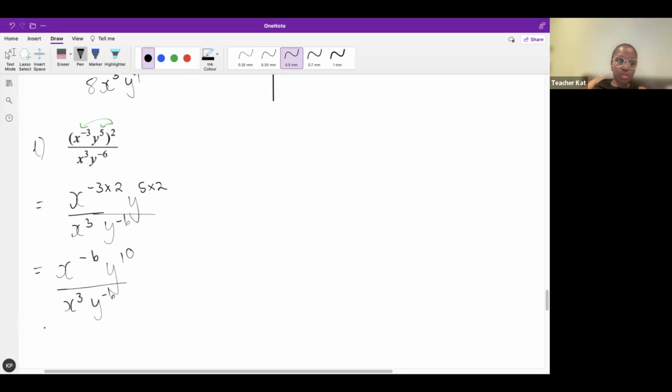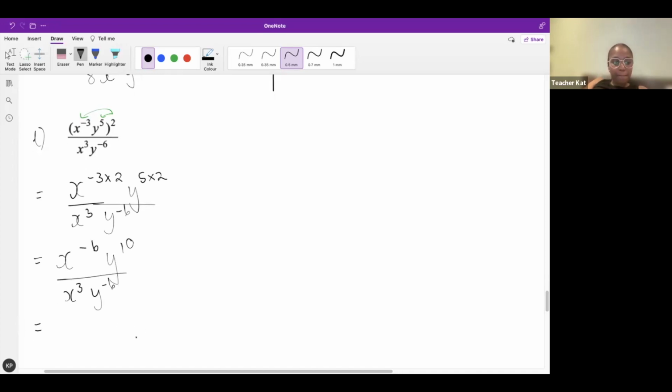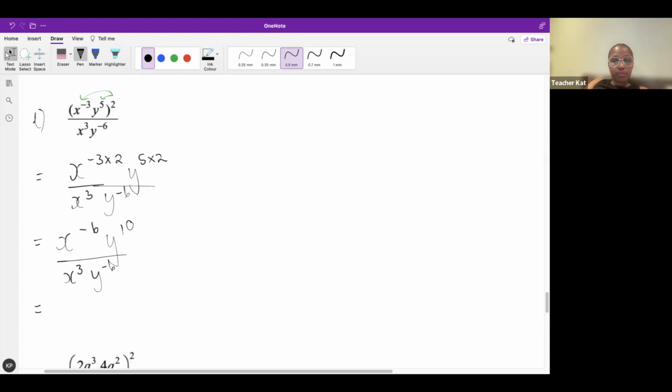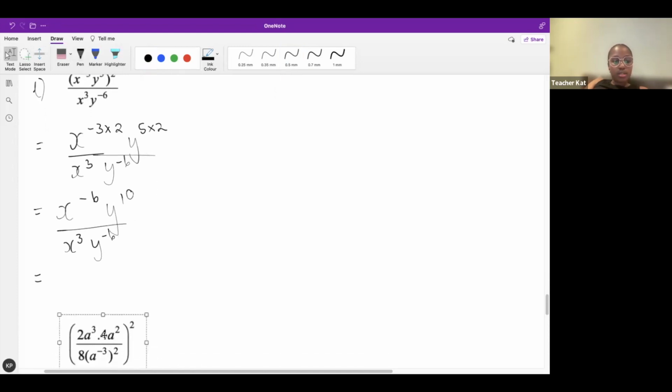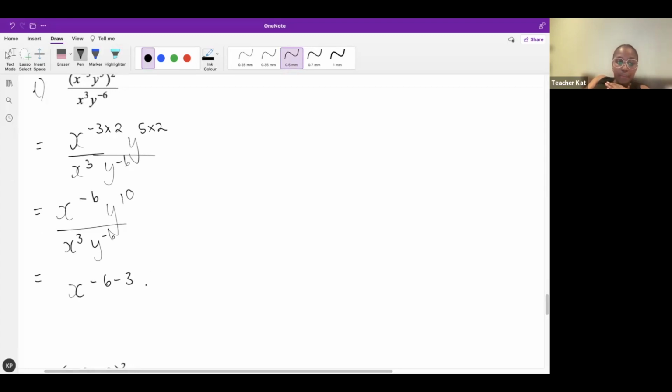Now we are dividing, so we do what with my exponents? We subtract. Okay, so I'm going to have x to the power of -6 minus 3 and y to the power of 10 minus -6.